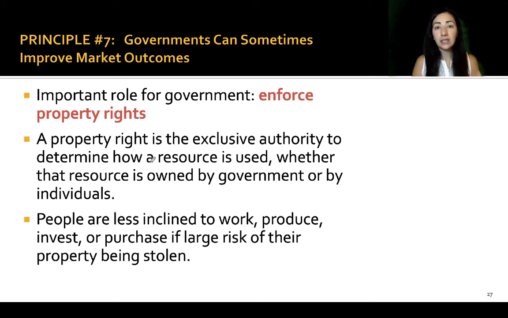People are less inclined to work, produce, invest, or purchase if there's a large risk of their property being stolen, right? Think about it. Would you go out and buy the nicest and most expensive car in the marketplace if you knew the chance of that car being stolen was close to 80%? Probably not. So you'd get much less consumption and much less production in those types of industries.